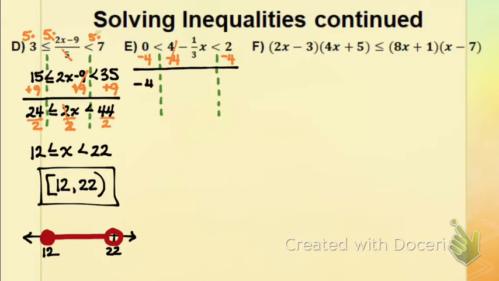So I have negative 4 is less than negative 1/3 x, which is less than negative 2. Yes. Multiply all the sides by negative 3. That's going to flip our signs, absolutely.